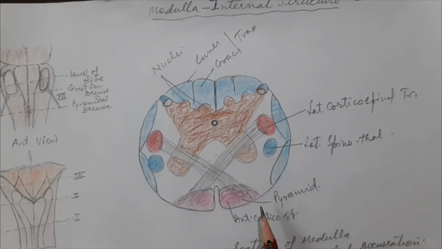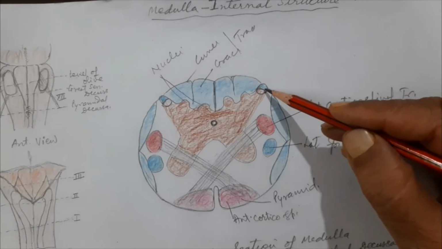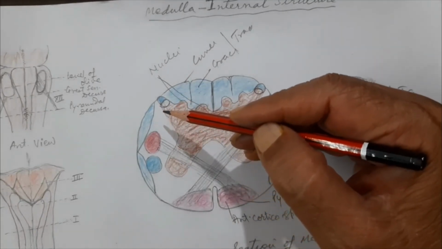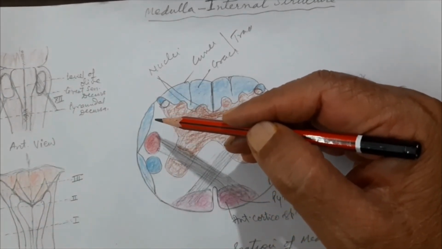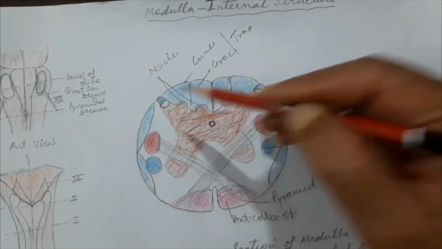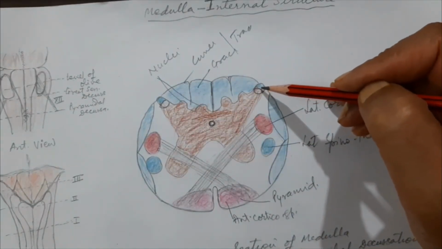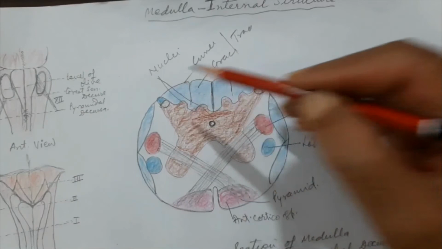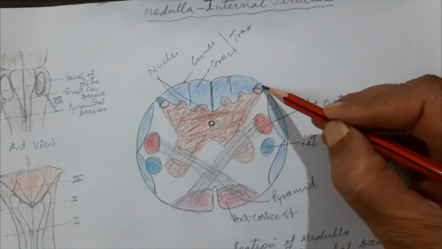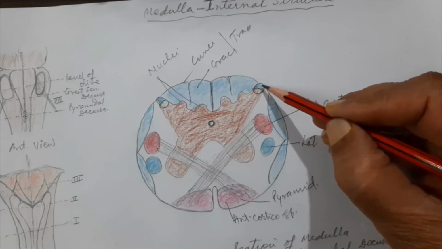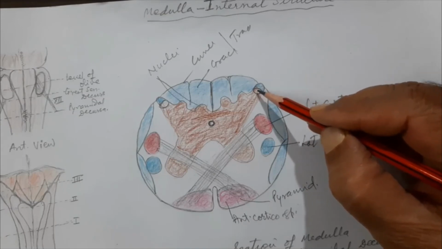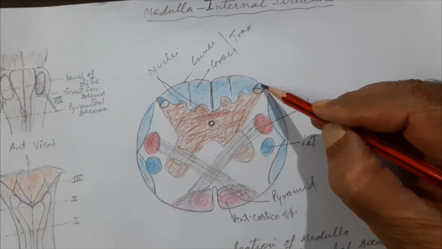Now, the caudal end of the spinal nucleus and the tract of the trigeminal nerve are located here, that is the beginning of the spinal nucleus. This is the spinal nucleus and this is its tract, the tract of the spinal nucleus of the trigeminal nerve.